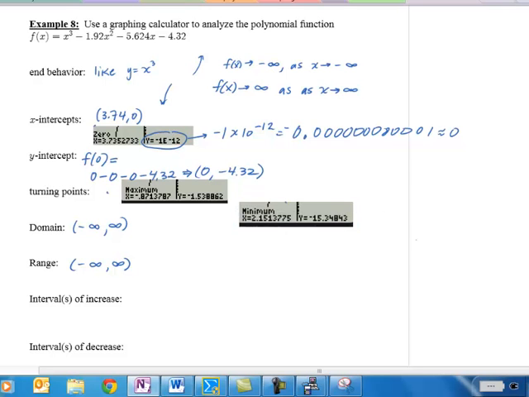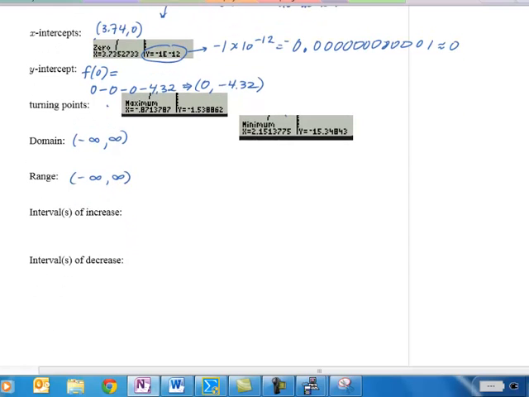Okay. So now let's put this all together. So the turning points are at negative 0.87, negative 1.54, and at 2.15, negative 15.35.